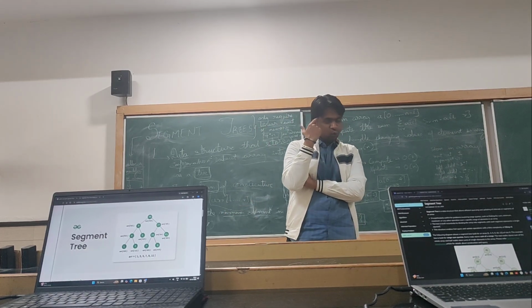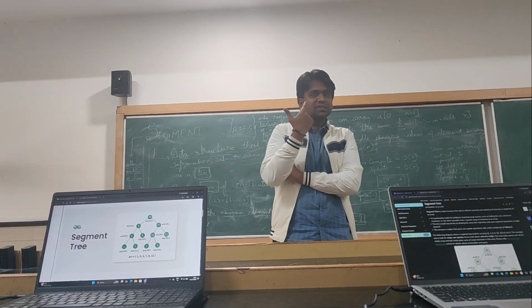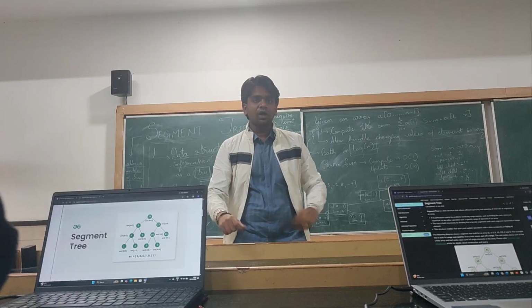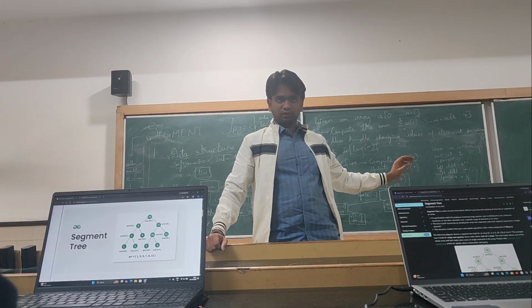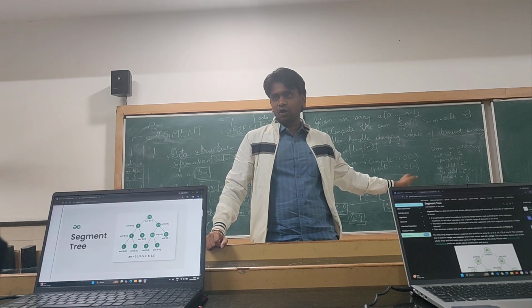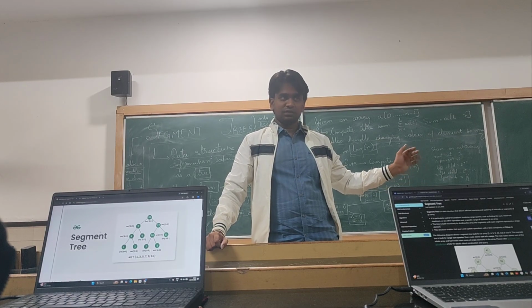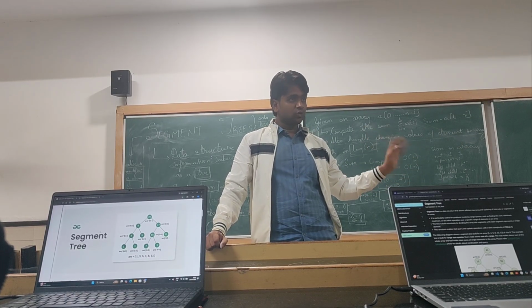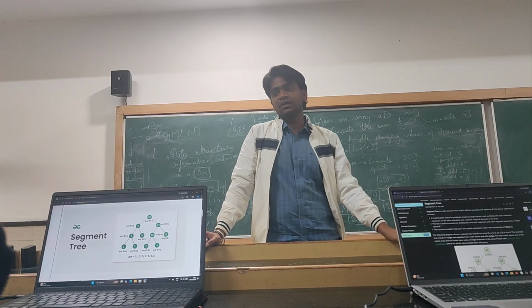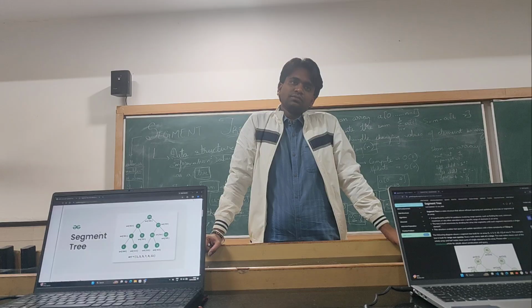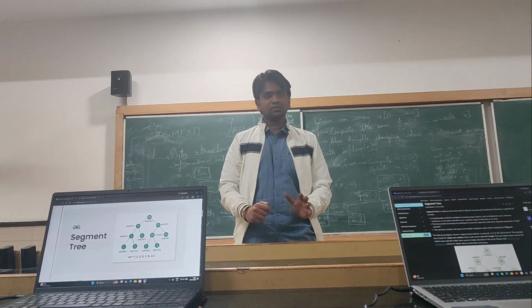We are not able to perceive the difference between O of n and log n. If you do this question with prefix sum and n is 2 to the power 16, it will take 18 hours 12 minutes in the worst case. Segment tree will take 16 seconds. This is the difference, right?